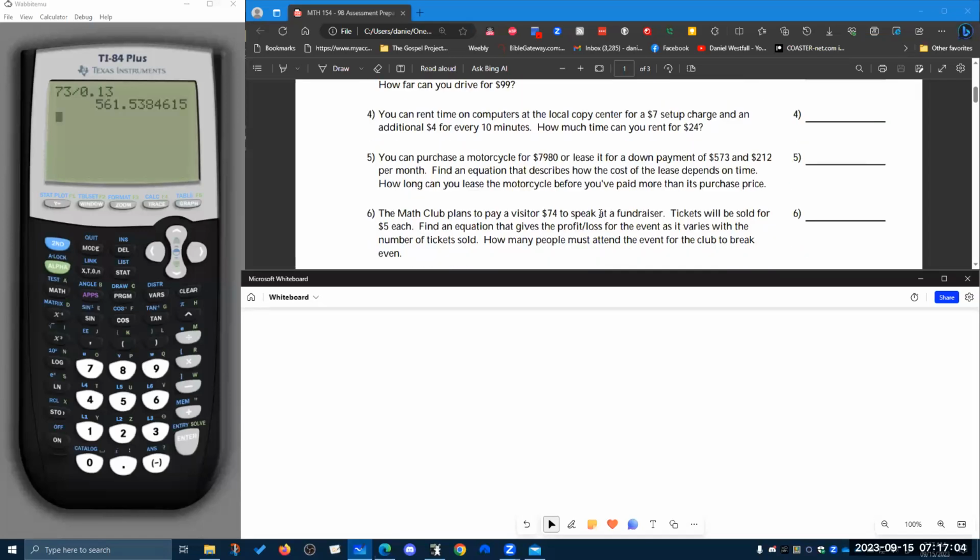You can rent time on computers at a local copy center for a $7 setup charge, plus an additional $4 every 10 minutes. So, let's say X divided by 10.